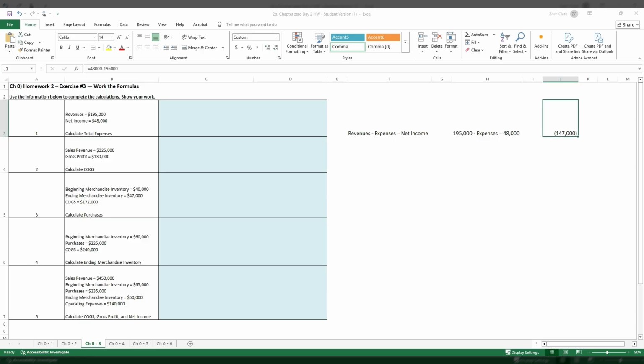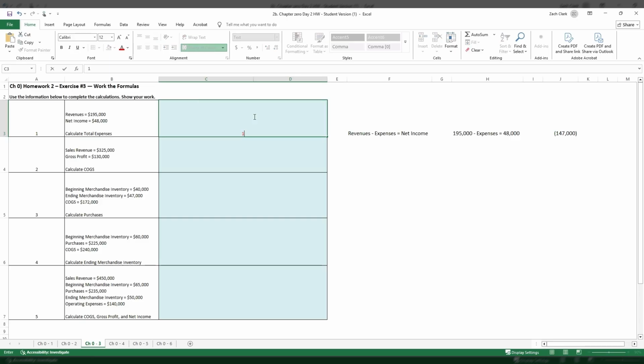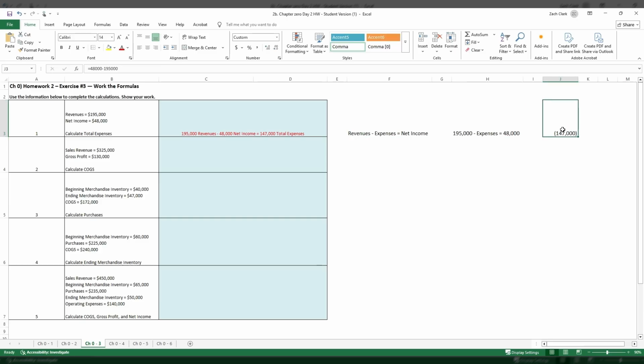So in other words, positive expenses then are 147,000. And let's write it out just to show our work: 195,000 of revenues minus 48,000 net income, which is really what we did, equal to 147,000 of total expenses. Perfect. Okay, just a little bit of algebra.